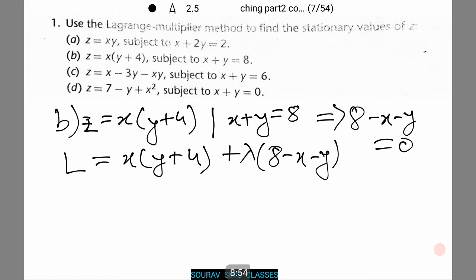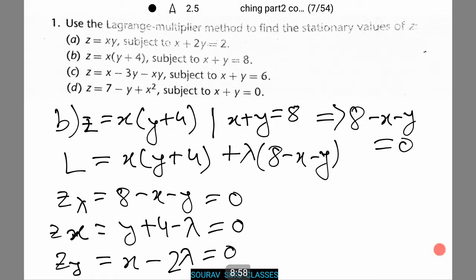Let's find z lambda, zx and zy. Okay, these are the values that we have obtained. Z lambda equals 8 minus x minus y, which is a simple one. Zx equals y plus 4, since x gets eliminated from here, minus lambda, since the coefficient of x over here is minus 1. Zy equals x minus 2 lambda.